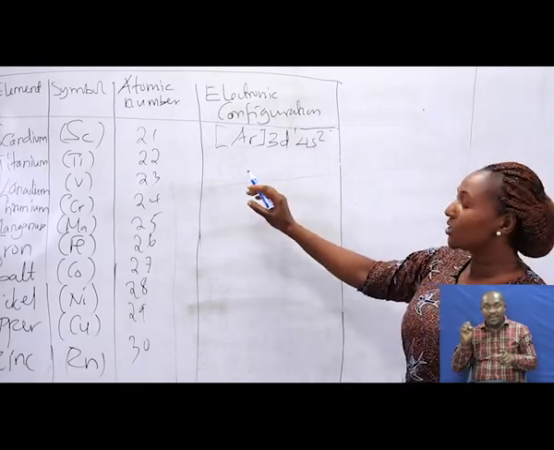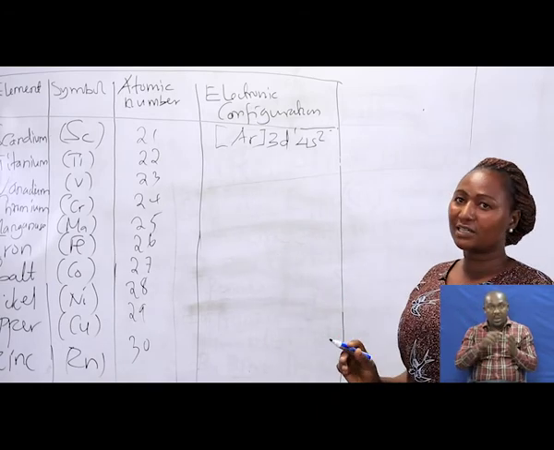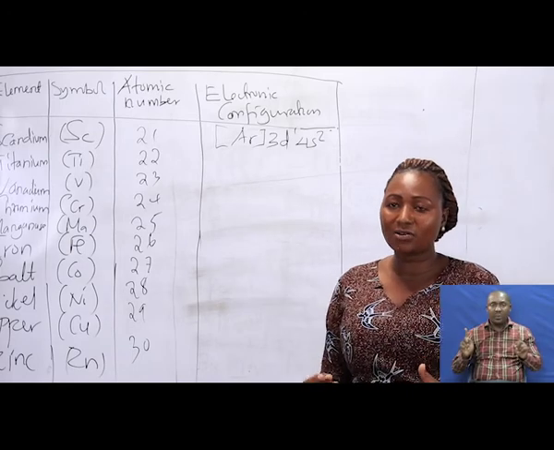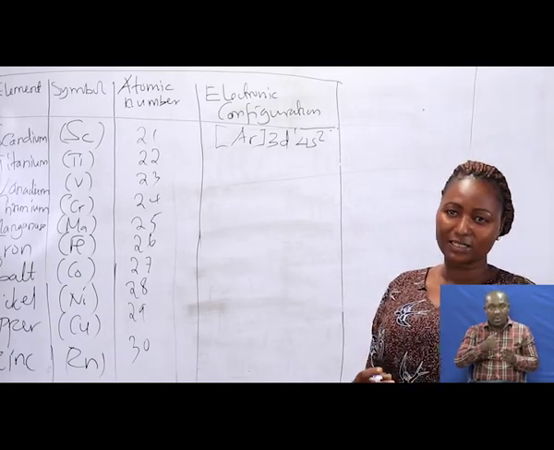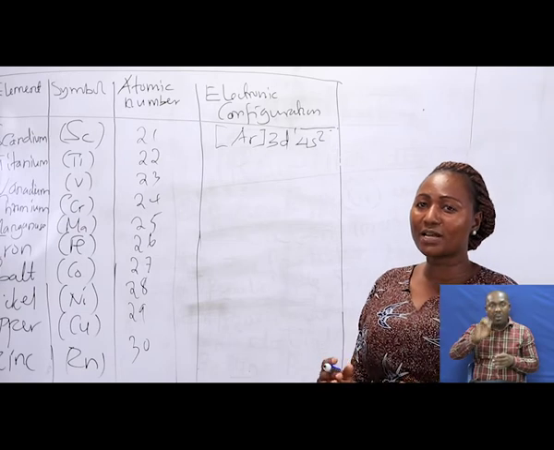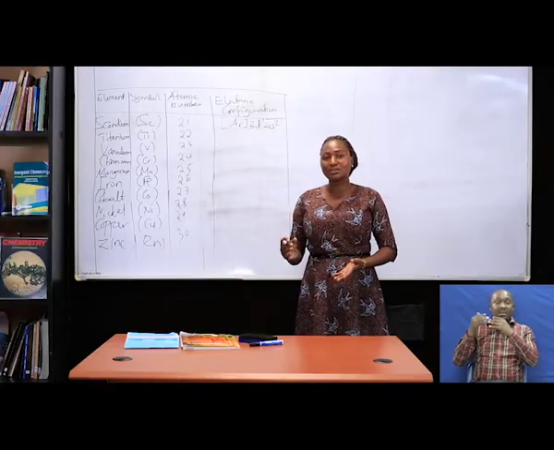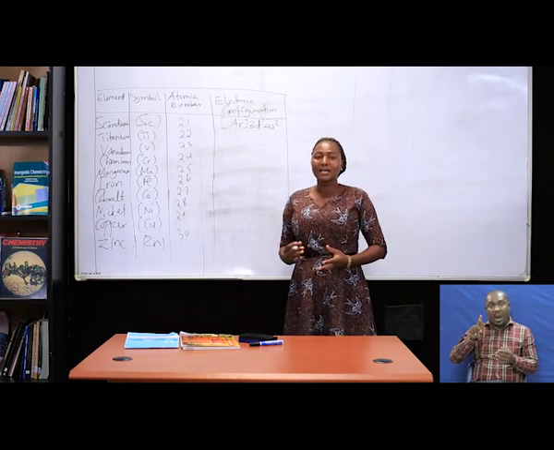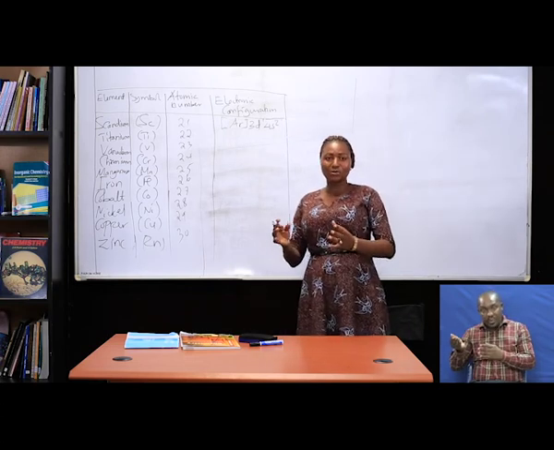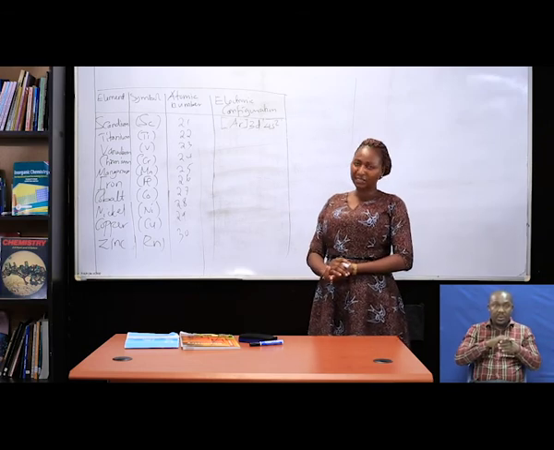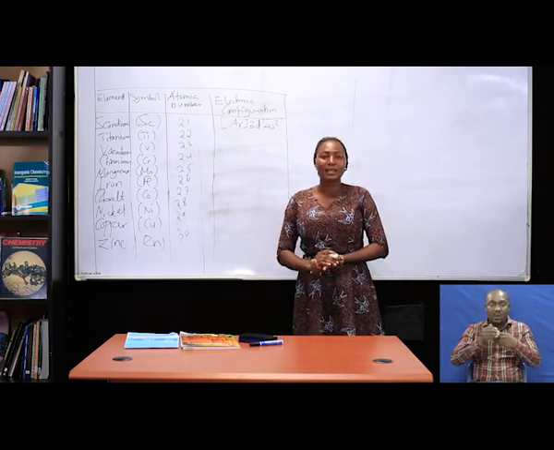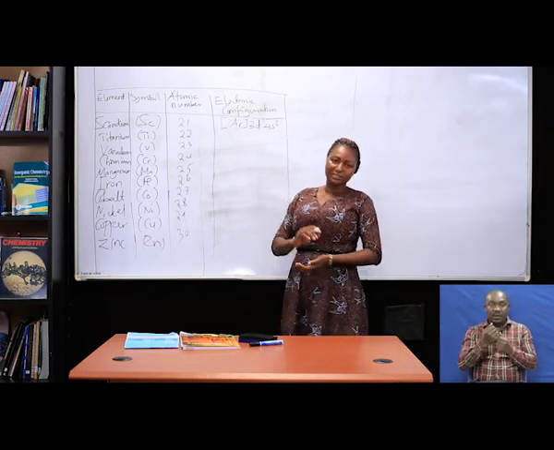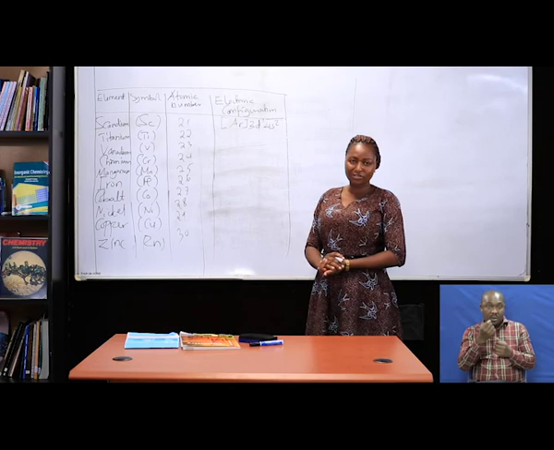When the electronic configuration is so long, it is allowed to use noble gas elements. As you know, the noble gases are neon, argon, krypton, and xenon. You have to use the noble gas nearest to the electronic configuration. For example, scandium has 21 electrons, and argon has 18 electrons.